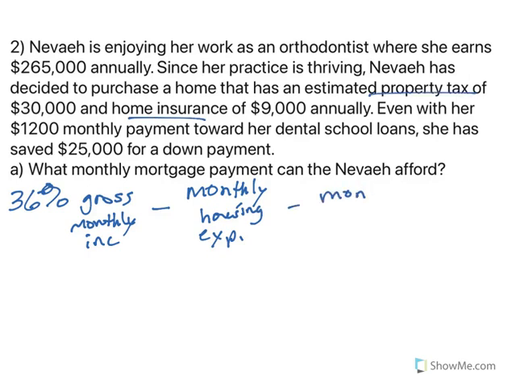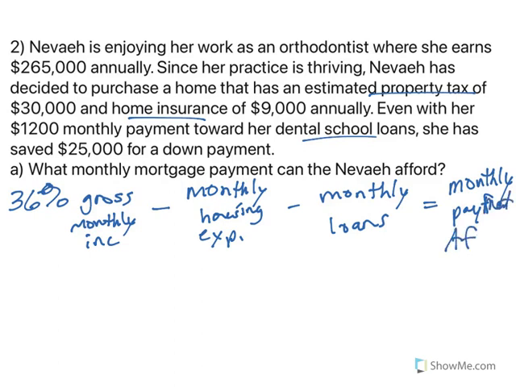And then you subtract your monthly loans. So this is where if you have dental school loans or car loans or anything like that, it goes into this. Anything that is recurring monthly, you're going to want to put into this. And this equals your monthly payment that you can afford. So if you're trying to figure out, how much can I actually afford? This is how we figure it out.